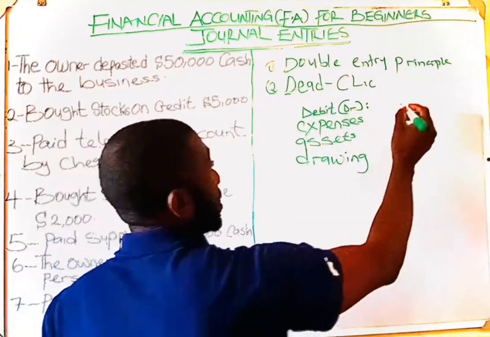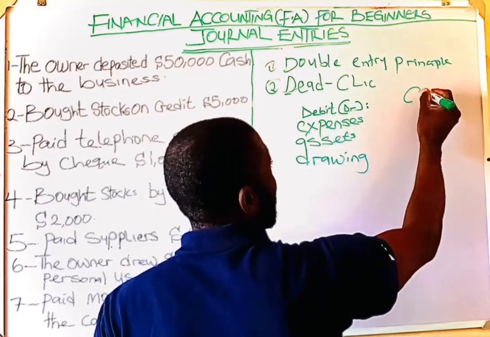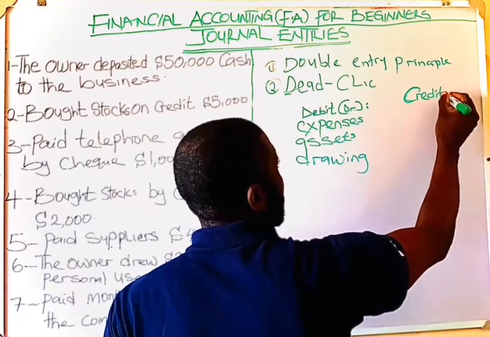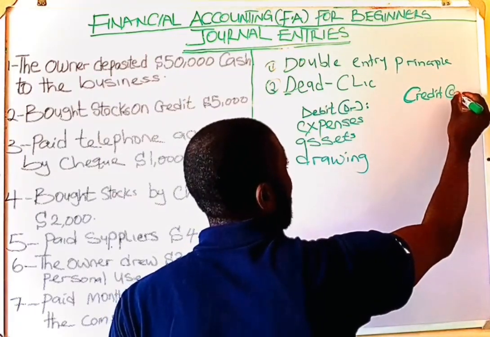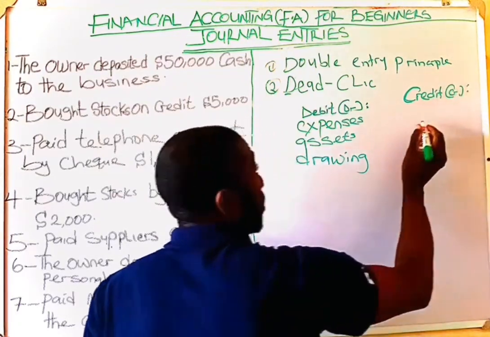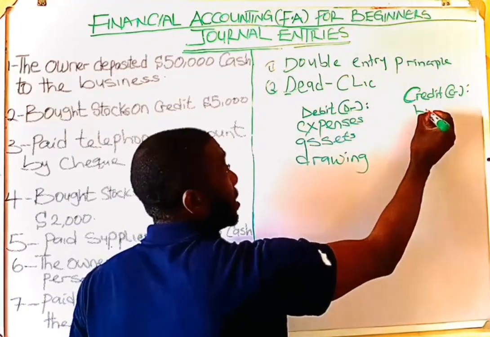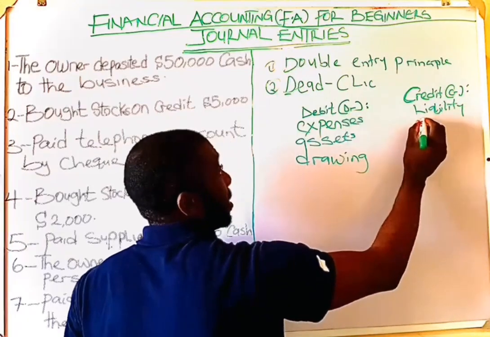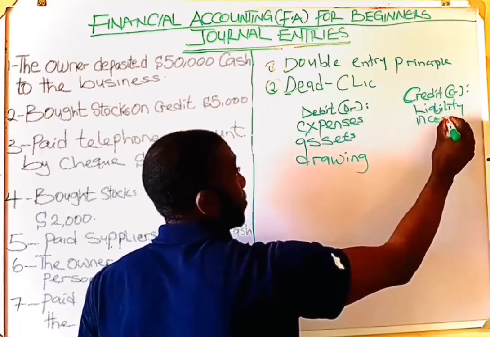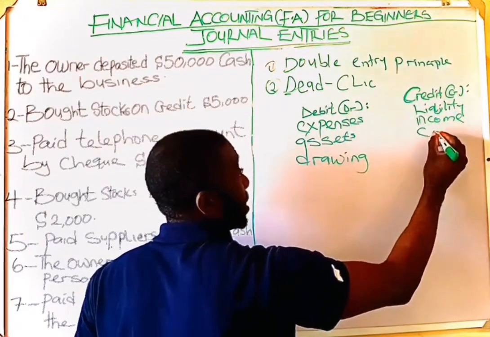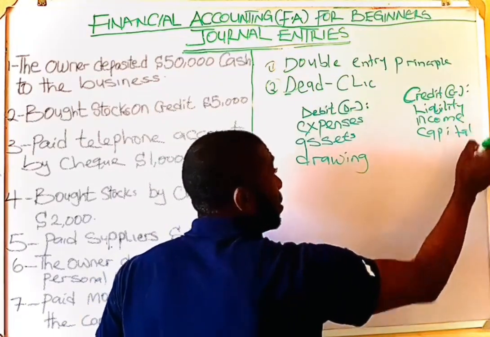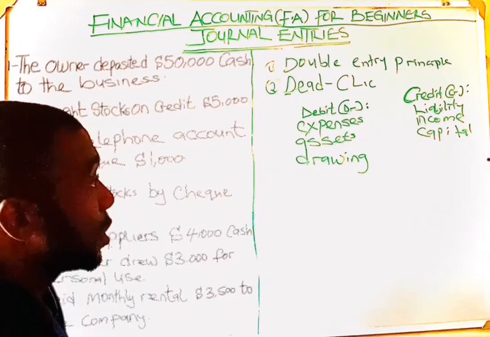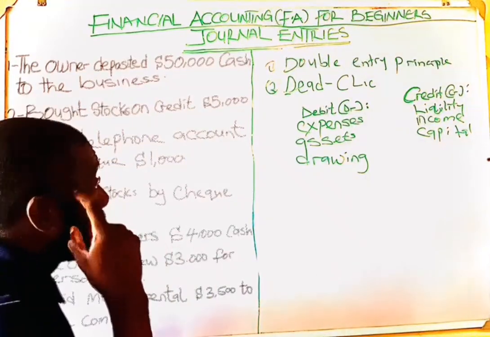Then our CLIC, that is the credit, which is also written as Cr, consists of liability, income and capital. Simple. If you can master this, you are done with accounting entries.